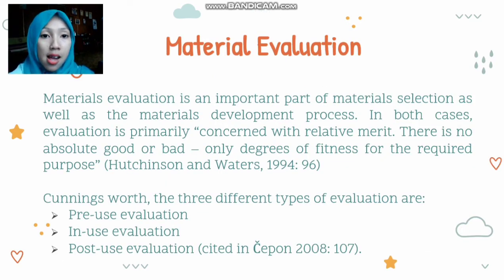And materials evaluation is an important part of materials selection as well as the materials development process. In both cases, evaluation is primarily concerned with relative merit. There is no absolute good or bad, only degrees of fitness for the required purpose.